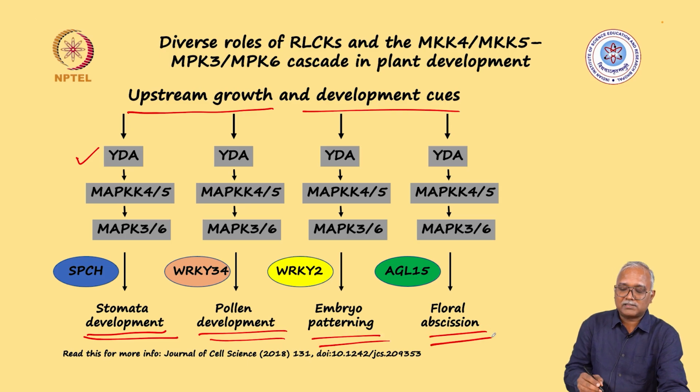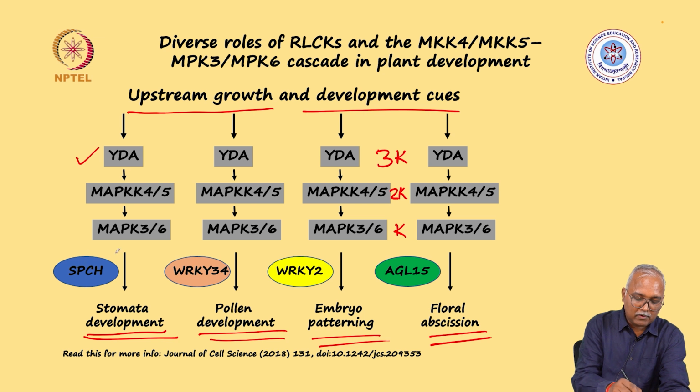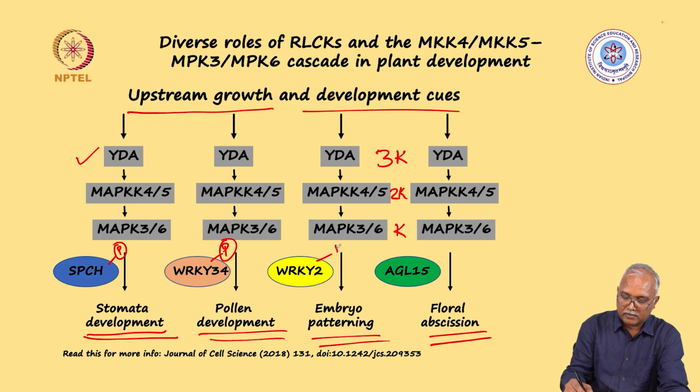What you are seeing in this slide is a classical example of this MAP kinase pathway, where YDA is MAP3K, this MAPKK45 is 2K and MAPK36 is 1K. So whatever signal is coming from different routes involves the next set of molecules at the end to mediate a particular process.